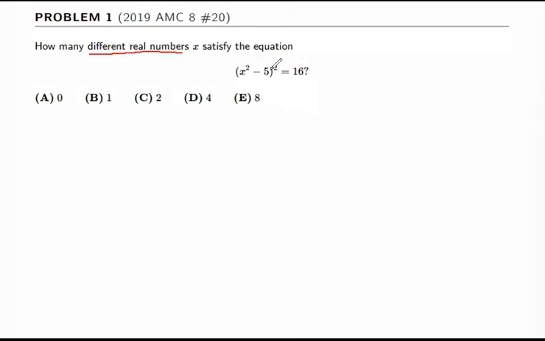If I ask you, there's an expression right here to the second power equal to 16, and you try to find the square of this expression, some people may do x squared minus 5 squared, or even plus 5 squared, but there is nothing like that.